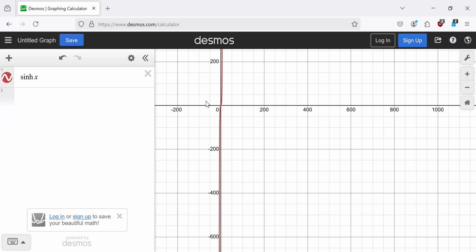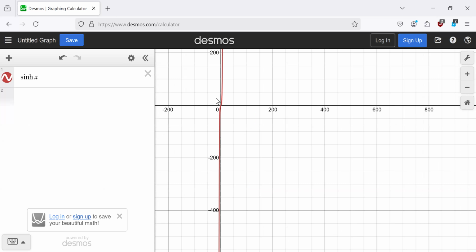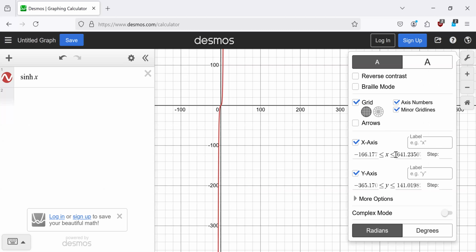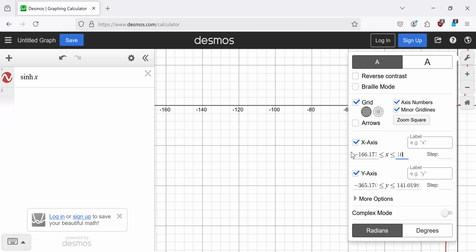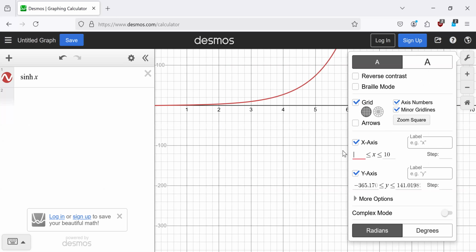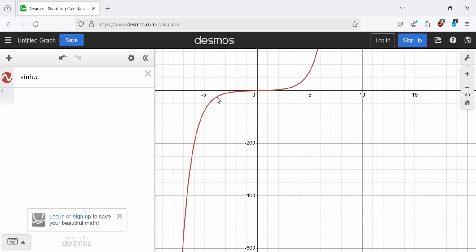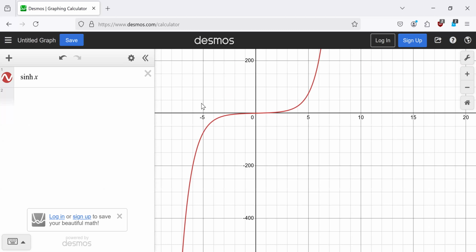It grows so quickly that it might look as if it's growing to infinity, as if it has some kind of vertical asymptote. It does not. Let me make this less awful to look at by letting x be more limited. It does not have any kind of vertical asymptote.